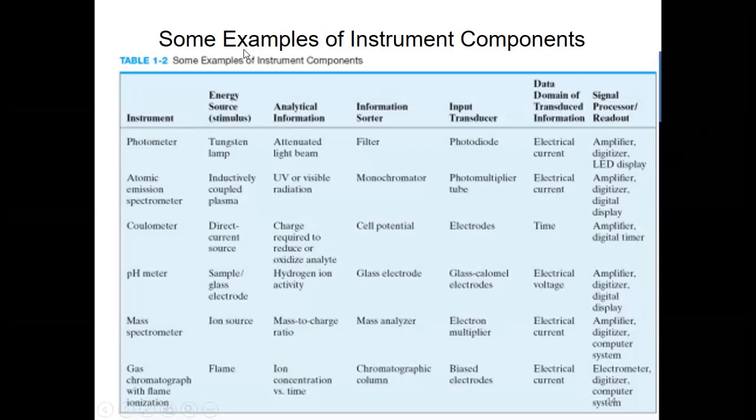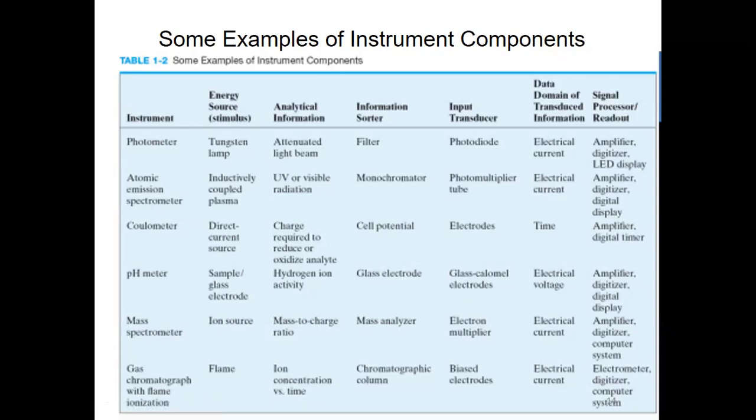So for example, let's say the pH meter, that is the most common and very good example that we all know. That is the instrument, and as the source, it has the glass electrode. It senses the activity of the ion, and the information that we get is the hydrogen ion activity.